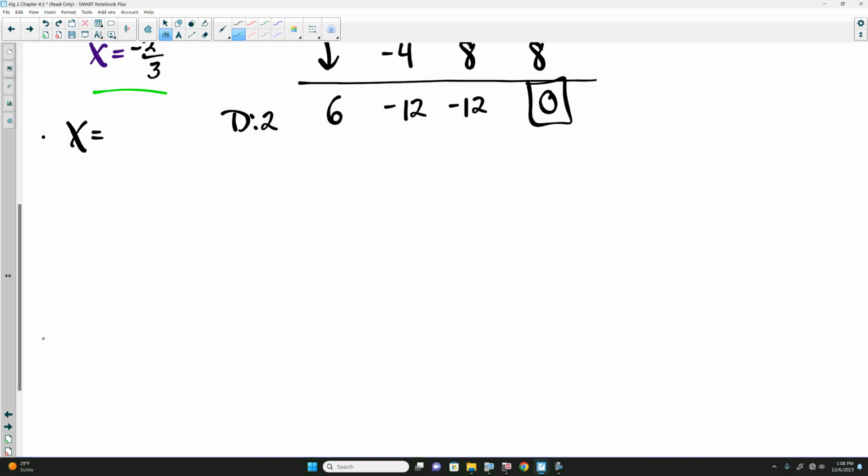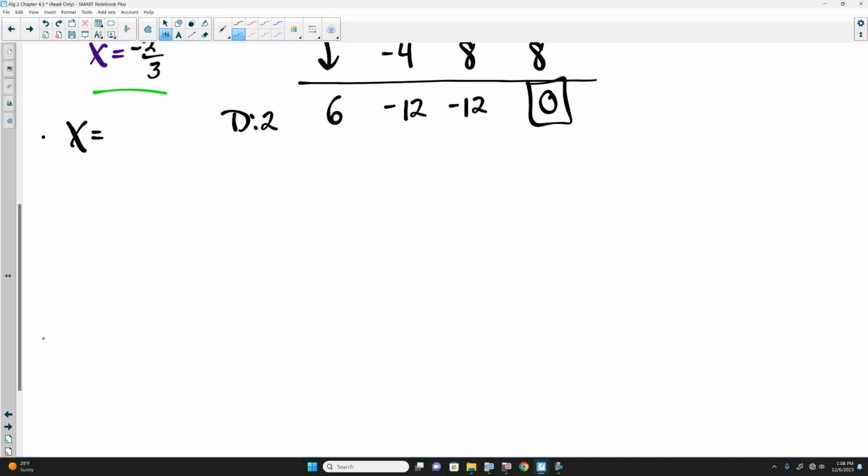Questions on how we got to this here? Which part?